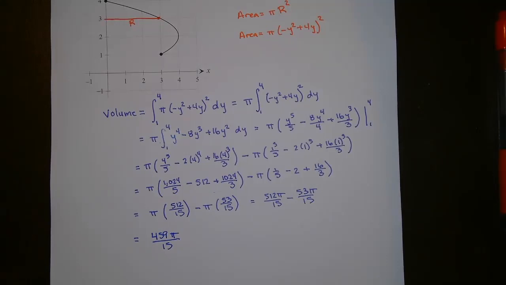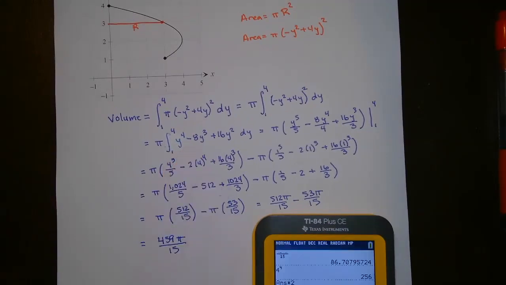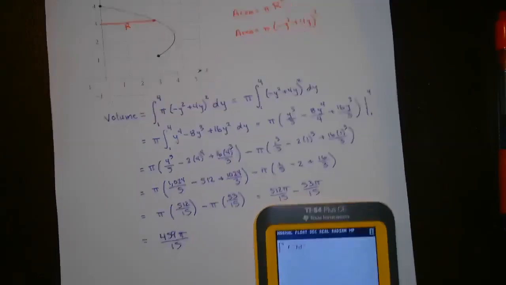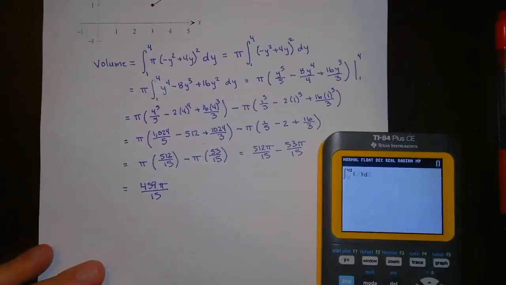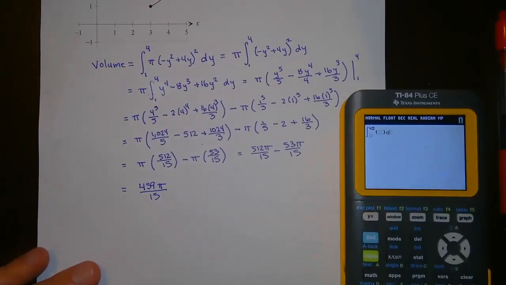Okay, so let's just make sure we're right, because you could put it into your calculator, right? You could put the integral. Okay, so the integral from 1 to 4, let me slide it up a little bit so you can see it, of pi, and then negative x squared plus 4x.